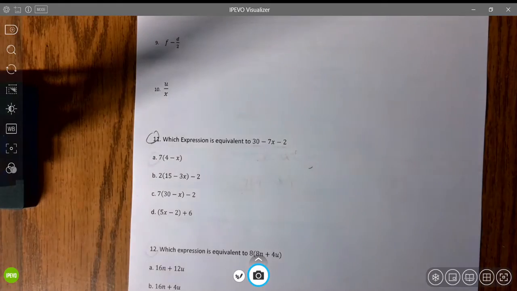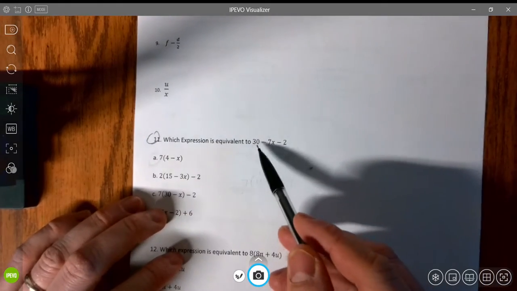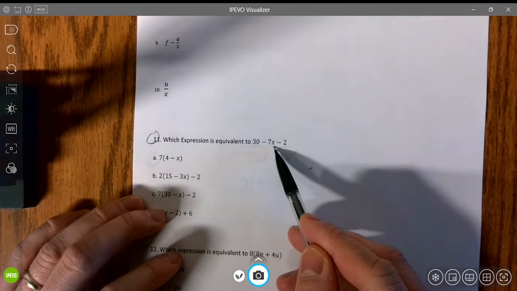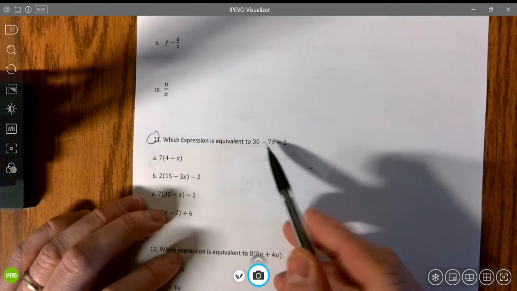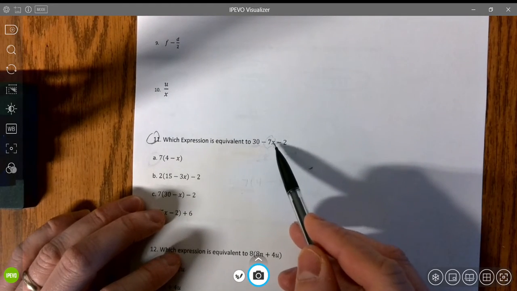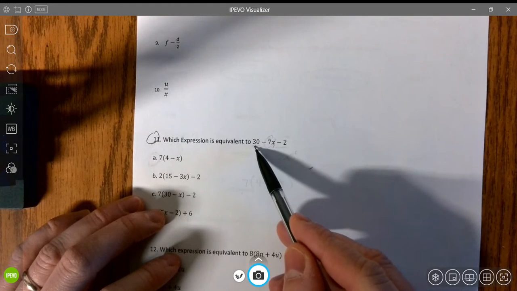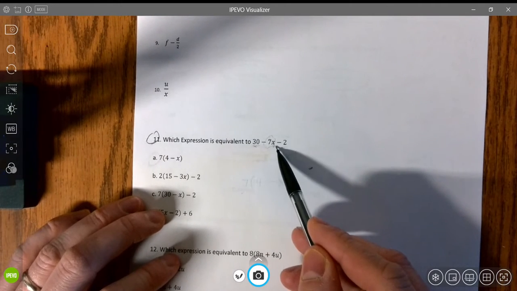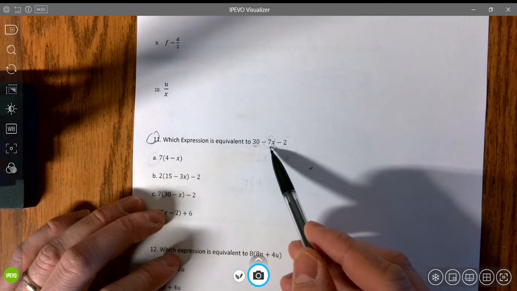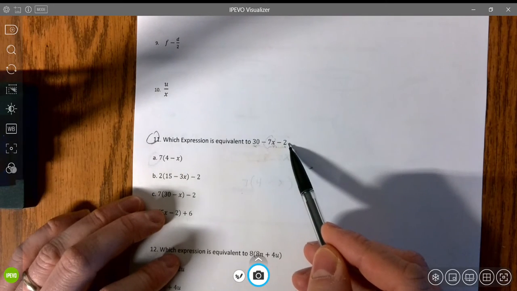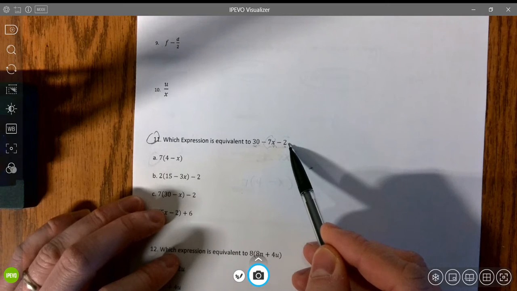What does that mean? Well, 30 and 7x are not like terms because the 7 is being multiplied to a variable, whereas 30 is not. So these are not like terms. Likewise, 7x and 2 are not like terms because there's no x next to the 2.